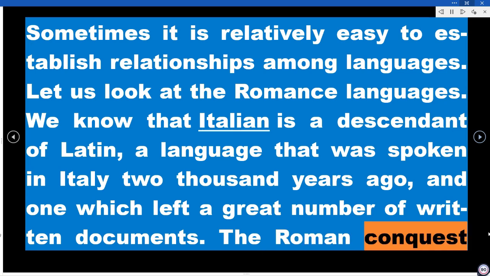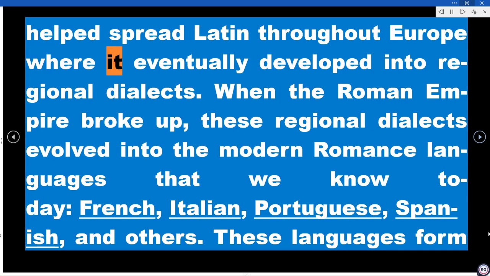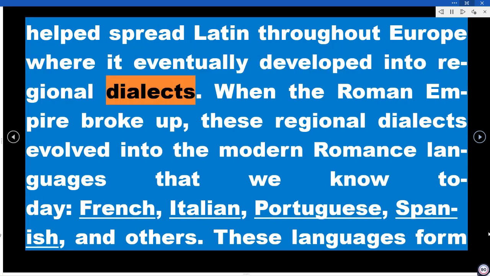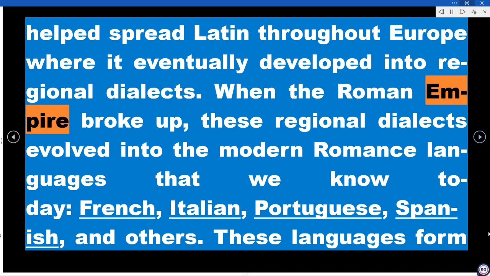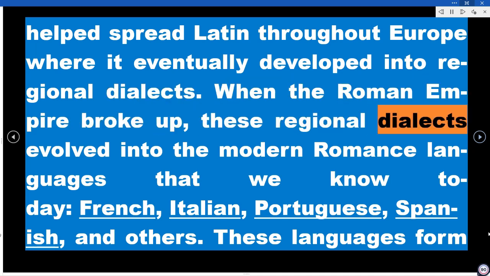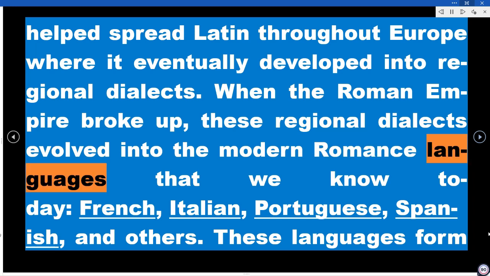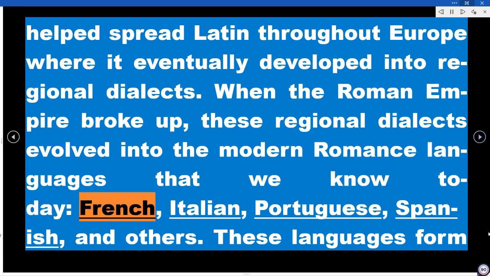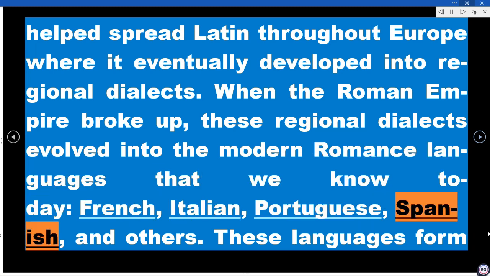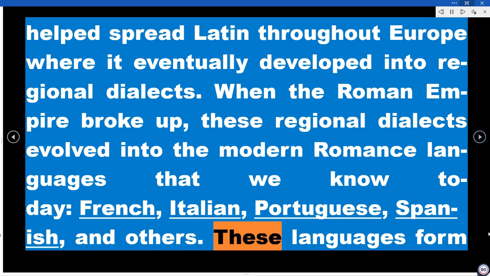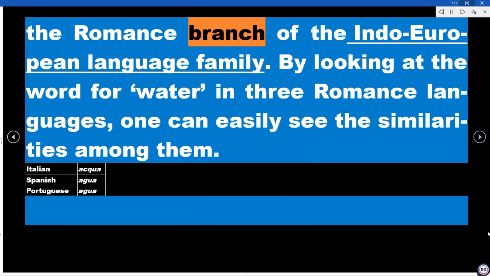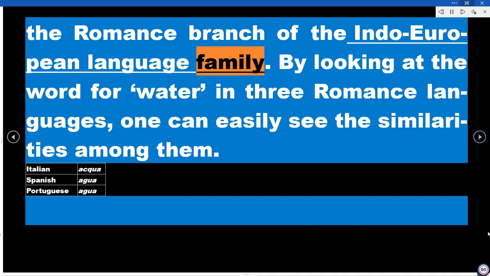The Roman conquest helped spread Latin throughout Europe, where it eventually developed into regional dialects. When the Roman Empire broke up, these regional dialects evolved into the modern Romance languages that we know today: French, Italian, Portuguese, Spanish, and others. These languages form the Romance branch of the Indo-European language family.